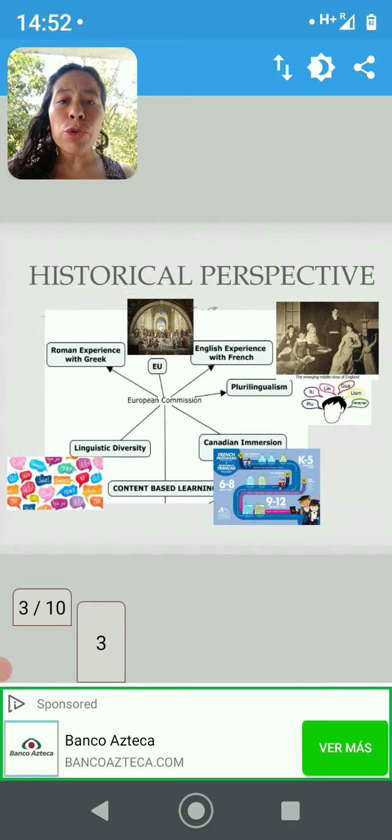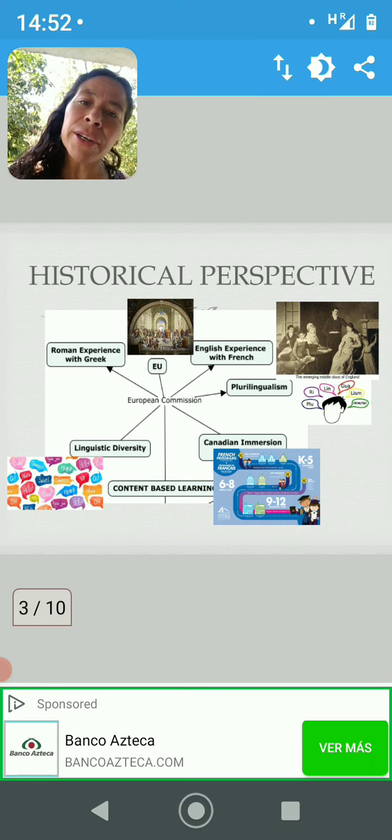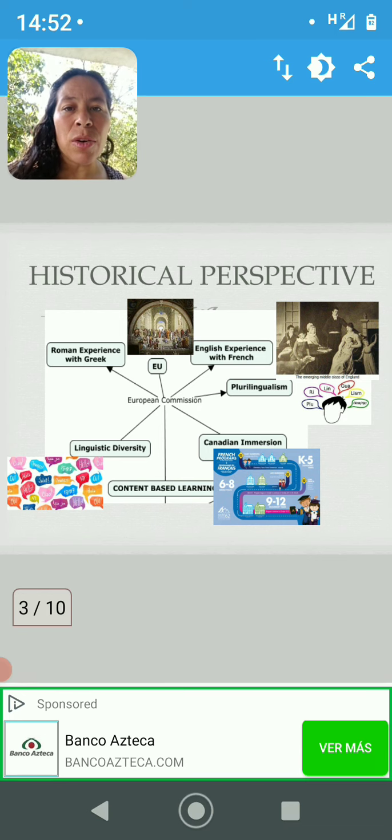Now, from the historical perspective, CLIL has already in a way been used first during the Roman Empire, because Greek was used as the academic language, and because most of the philosophers and science people were Greek speakers, the Romans acquired this knowledge through Greek.